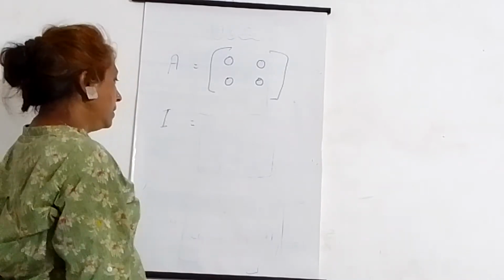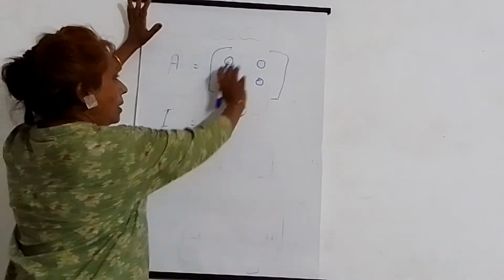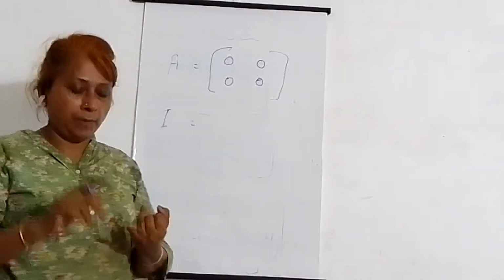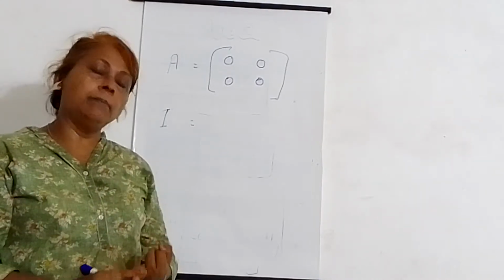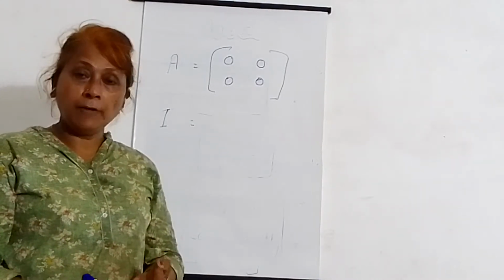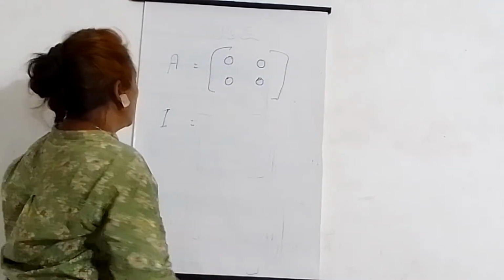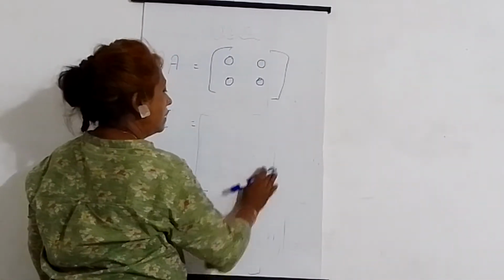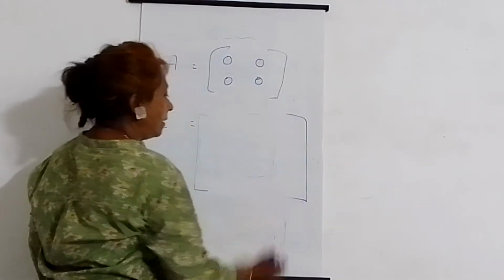Another one, the second condition. The number of columns and number of rows are the same, we know it. It can be a 2 by 2 matrix, a 3 by 3 matrix, a 4 by 4 matrix, and so on. The first condition is that it is a square matrix. Another one, only the diagonal numbers can have value.